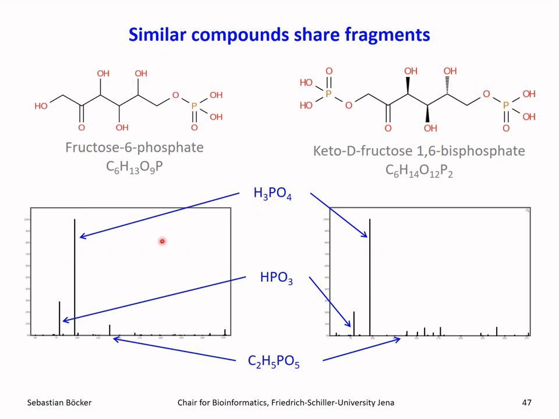That's why you can use the dot product to say that two unknown compounds might be structurally similar. For us, the important point is not only that the fragmentation spectra are similar, these peaks also have the same explanations. This will be an H3PO4 in both of them, not just in one of them.